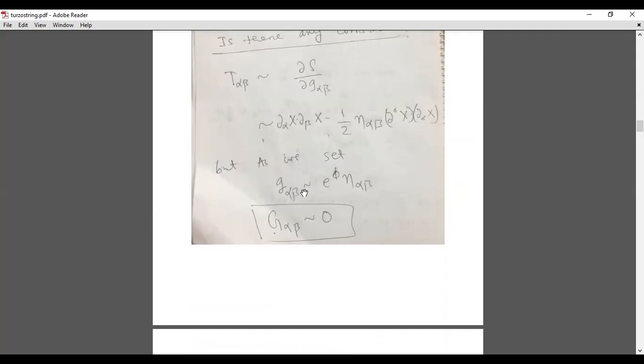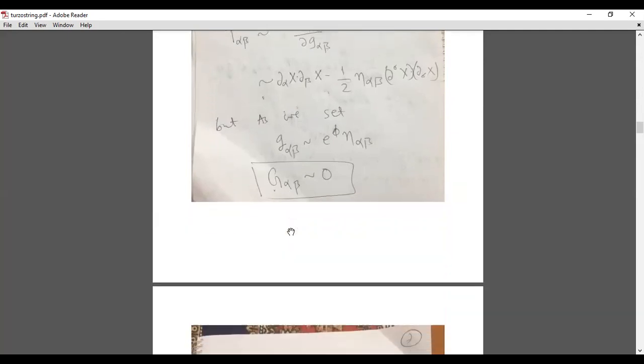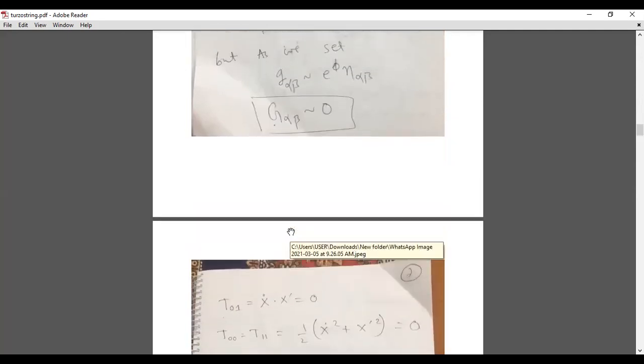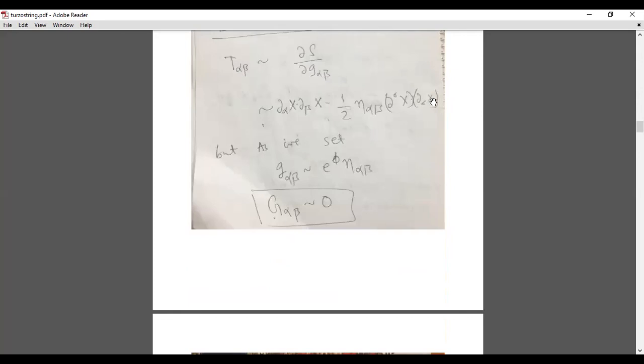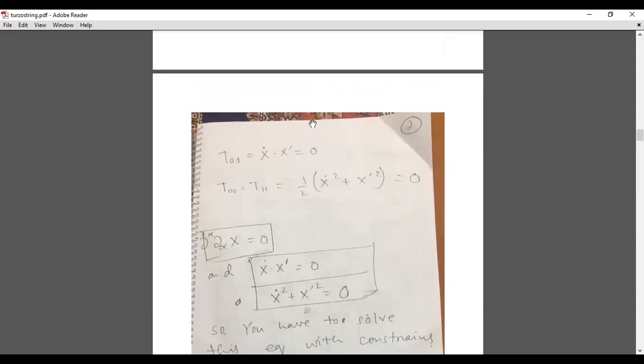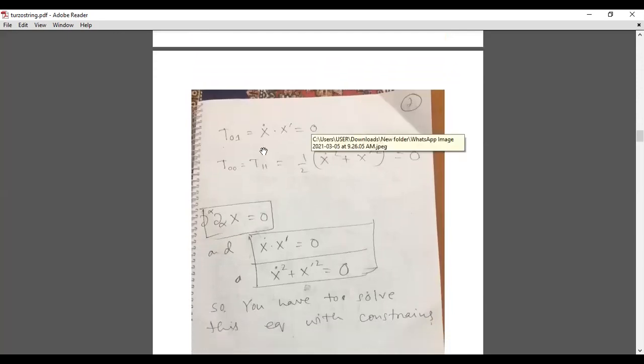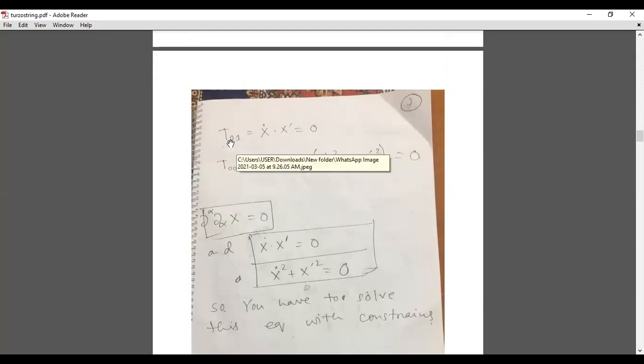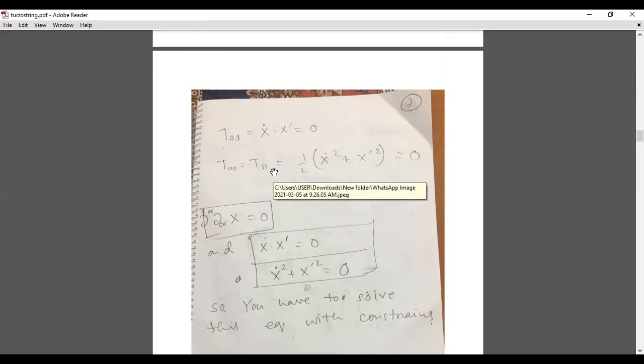But we all know that the energy momentum tensor is nothing but the Einstein tensor, right? So T alpha beta is also going to be 0, right? So because T alpha beta is 0, you have some constraint on your string configuration, right? So then what you do is you calculate T01 and T00 and T11, because we know that the energy momentum tensor is symmetric.